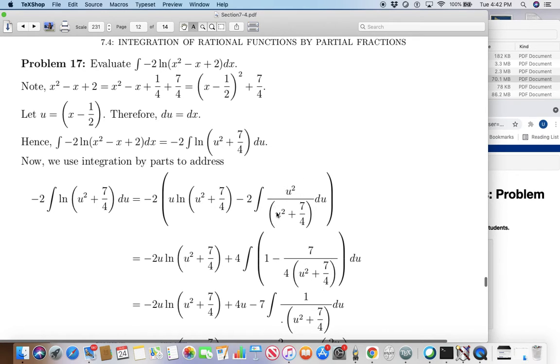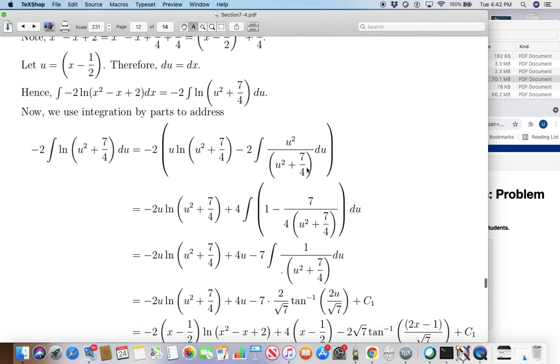Okay, when you simplify this, you are again doing long division, or this is straightforward, u squared plus 7/4 minus 7/4. So that's a 1 minus 7/4, all of this. So integral of 1 is u. So that's where I have the 4u.